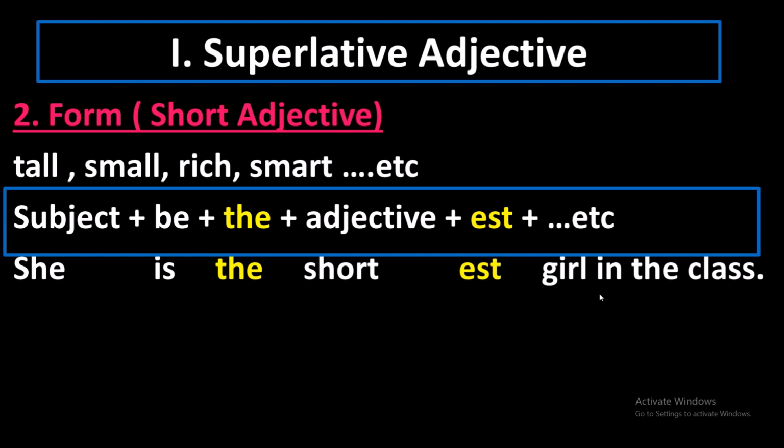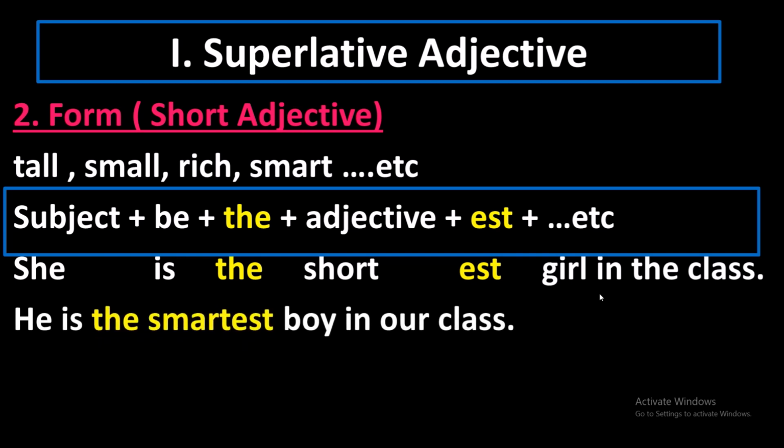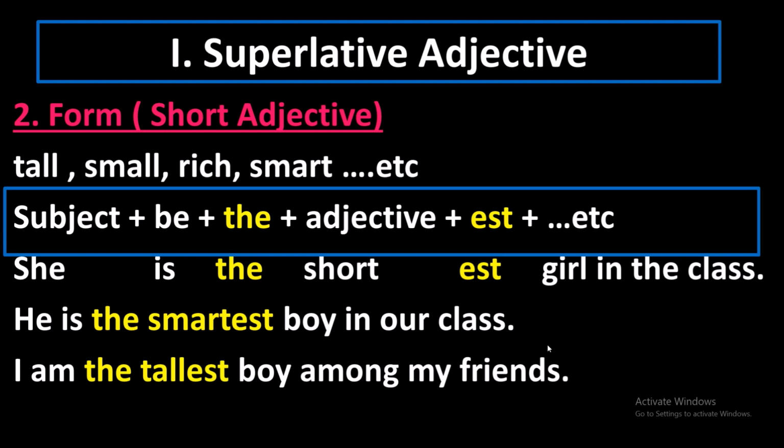Let's take a look at one more example here. He is the smartest boy in our class. There are many boys in the class, but he is the one who is the smartest in our class. Okay, another one. I am the tallest boy among my friends.